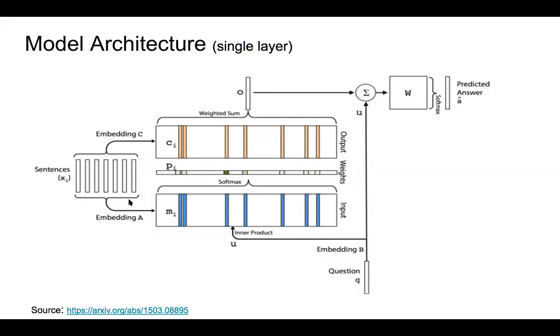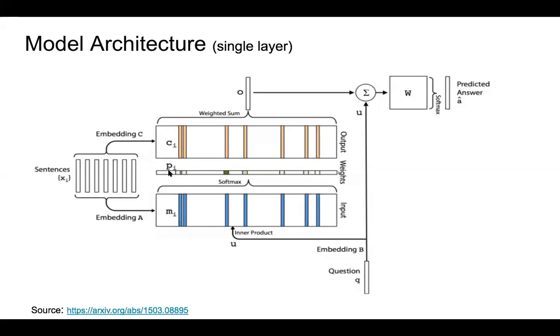So the way this model works is, now that you have your input sequences stored inside your memory, the model will do an inner product between the query vector and the memory embeddings. After that, it does a softmax over those inner products to calculate probability weights. So you have M1 to Mn memory, and this first process will result in probabilities P1 to Pn.